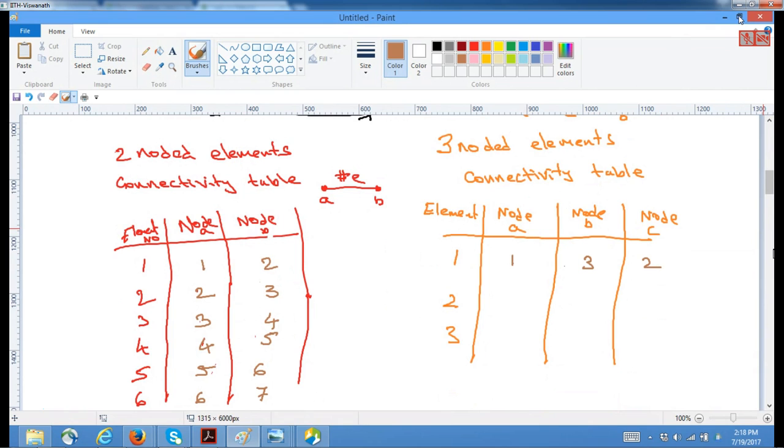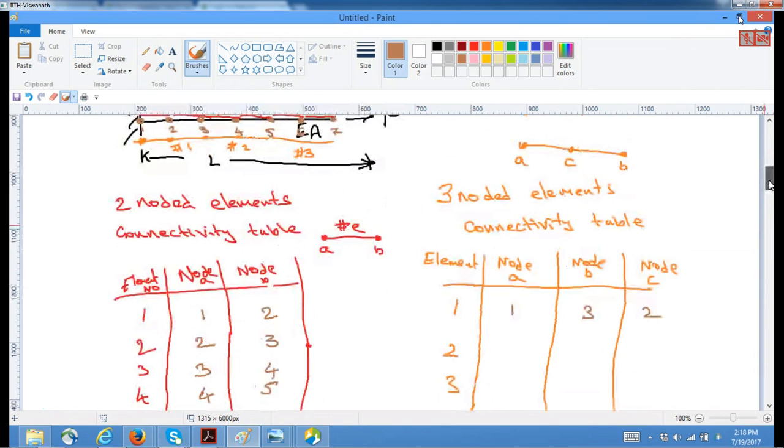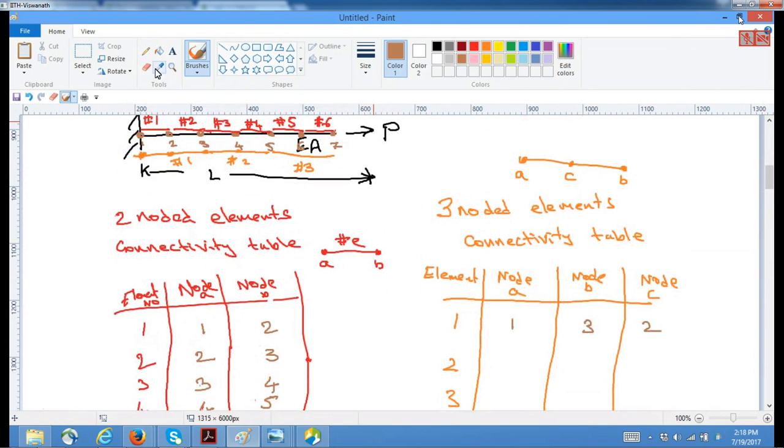Have a look at it again when I'm writing it. So this is node A, this is node B, and this is node C. Similarly, for element 2, we will have this one as 3, this one as 5, and this one as 4.